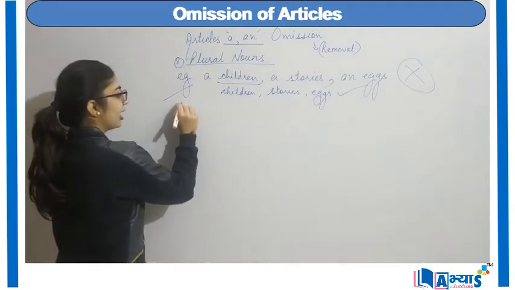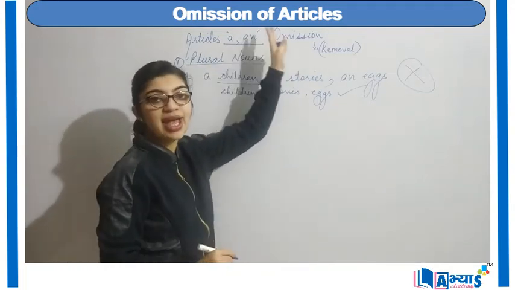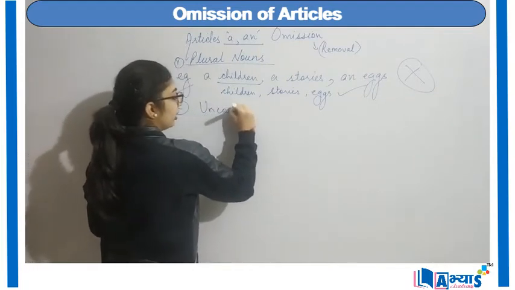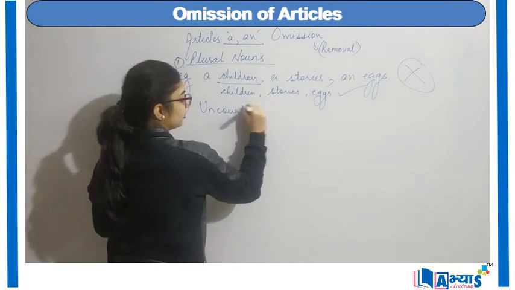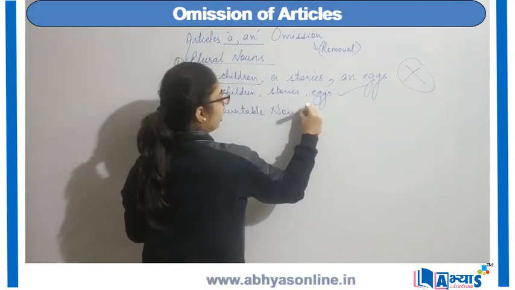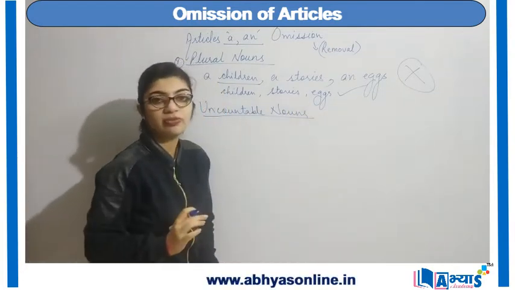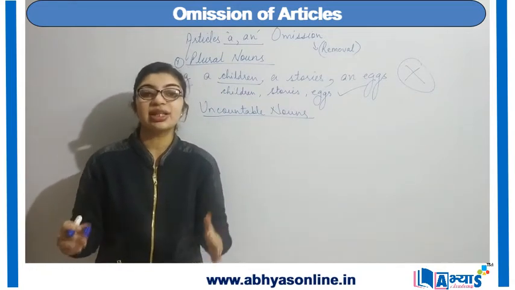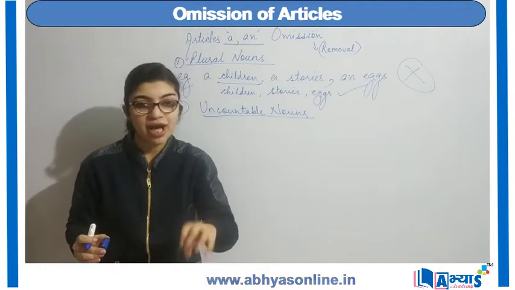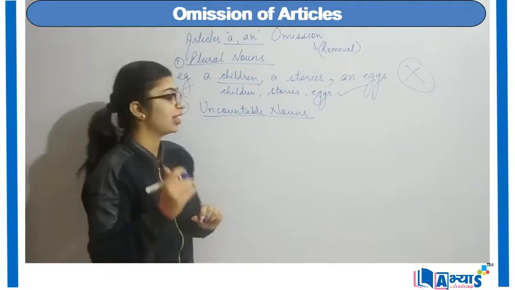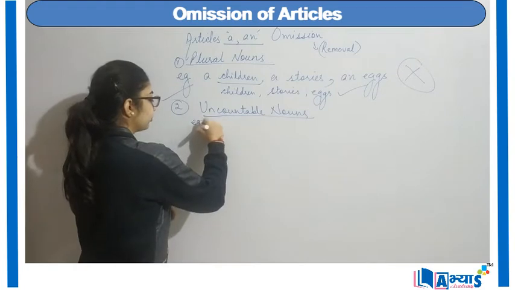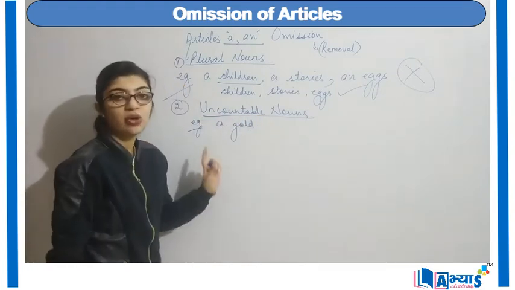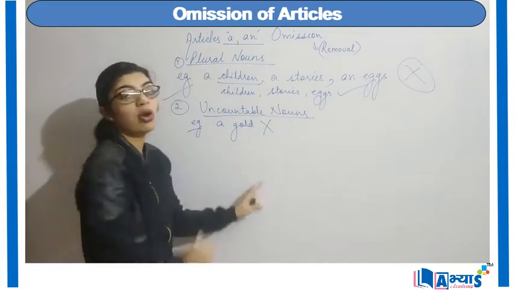Another area where a and an are not used is for uncountable nouns. Uncountable nouns are those type of nouns which cannot be counted. They are a single unit, and the parts of that cannot be counted. Example, I say a gold. Now a gold is wrong.